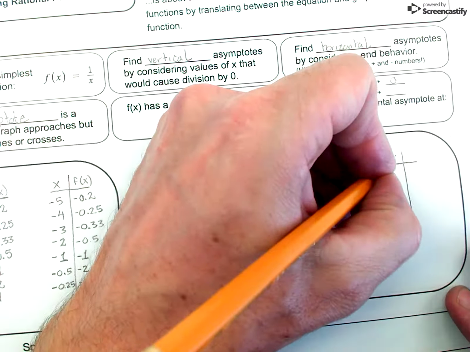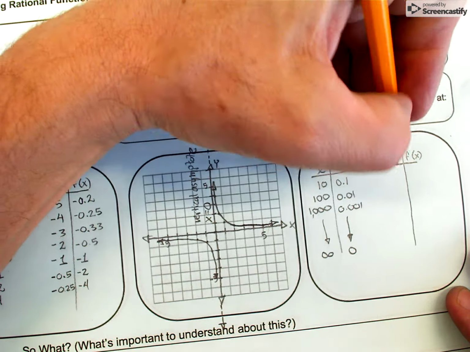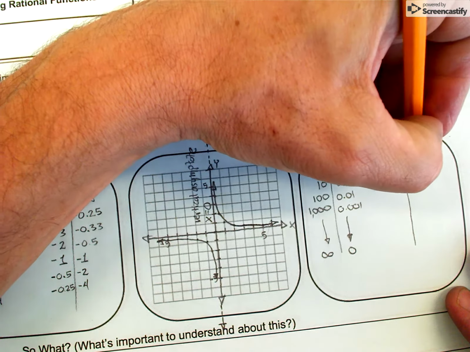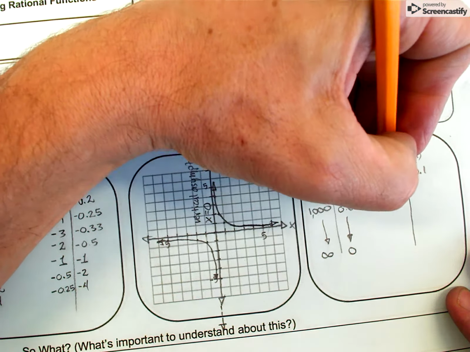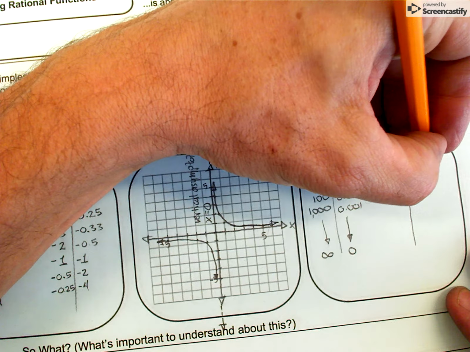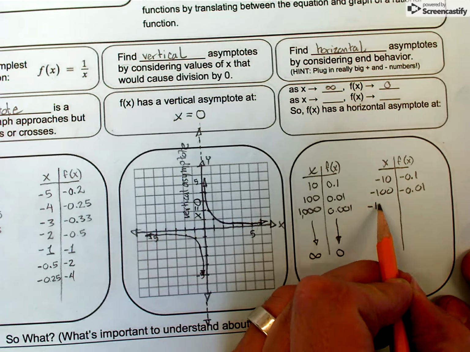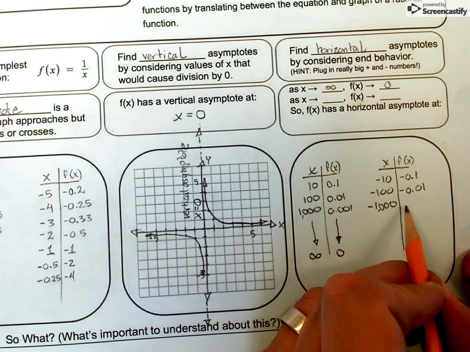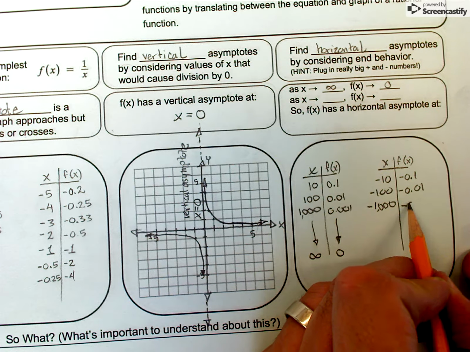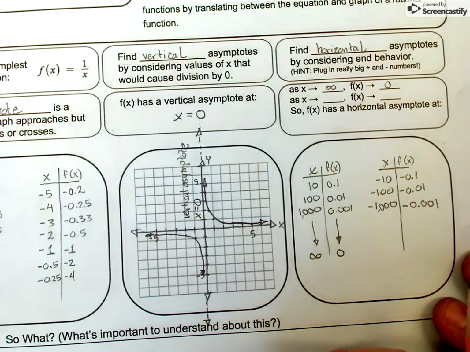Of course, I also want to explore what happens when x goes to negative infinity. So I could do negative 10, and I get negative 0.1. And if I go negative 100, I get negative 0.01. And if I put in negative 1,000, my function goes to negative 0.001.